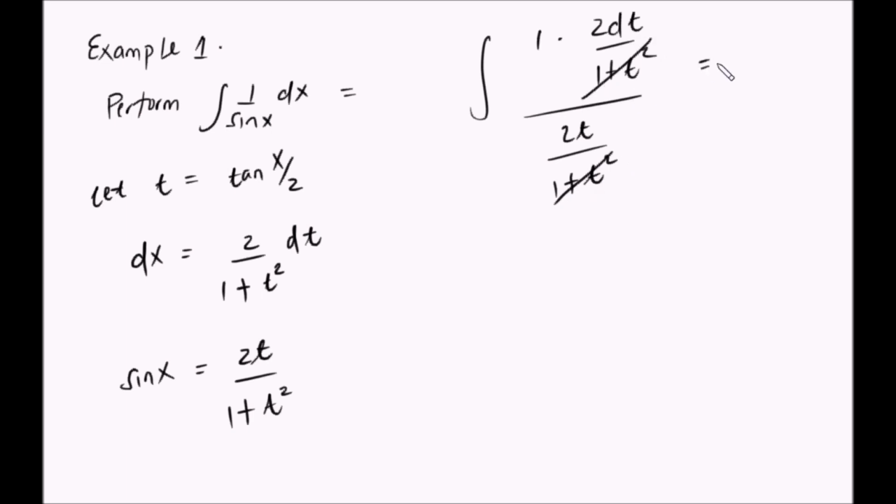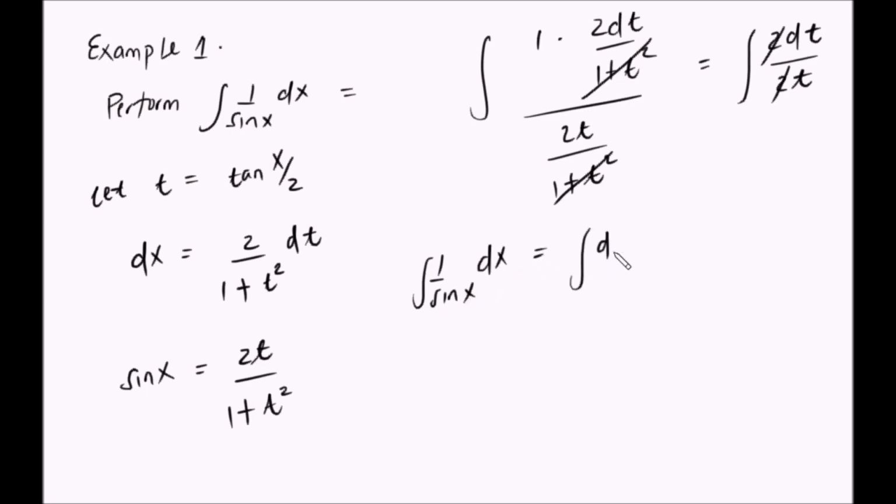So kule juu utabaki na nini? Utabaki na 2 dt. Afu huku chini utabaki na nini? 2t. So 2 na 2 na zenyewe zinakufa. Kwa hiyo kumbe hii hapa inakuja kwanza sana nini? dt over t. So dt over t ni nini? Ni ln ya t plus constant c.